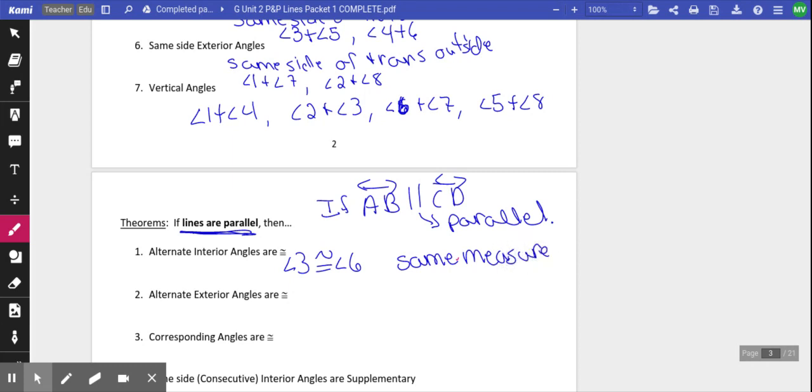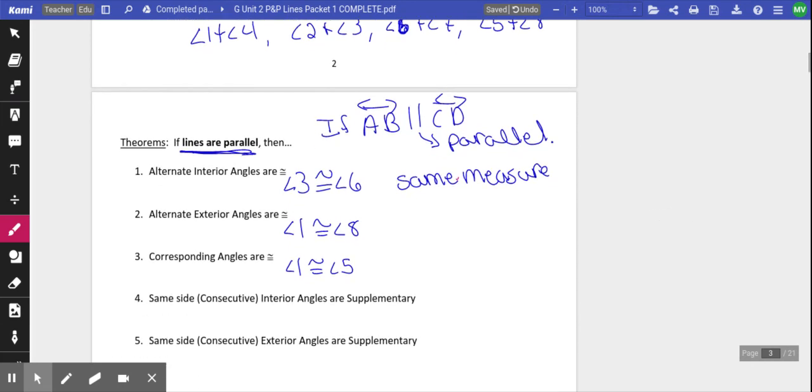Alternate exterior angles are congruent. So in my diagram, that would mean that angle 1 is congruent to angle 8. They're the same measure. Corresponding angles are congruent, so that would mean angle 1 is congruent to angle 5 because those are in the same spot. Then my same side interior angles are supplementary.